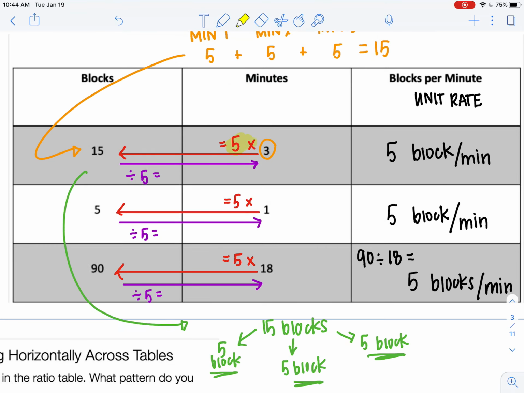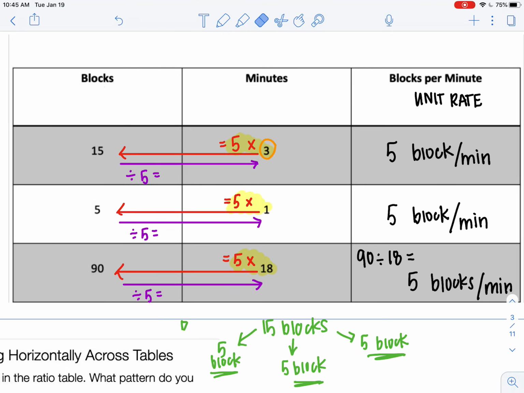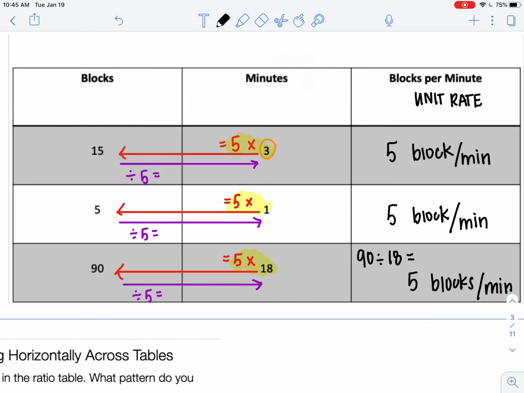I can multiply 3 times 5, I can multiply 1 times 5 or 18 times 5. And if I'm moving in the other direction, I could simply use division. Why is this so helpful? Well, let me clean up a little bit so I can have some room to show you. Let's say someone asked, hey, I need to go a total of 25 blocks on the L train.